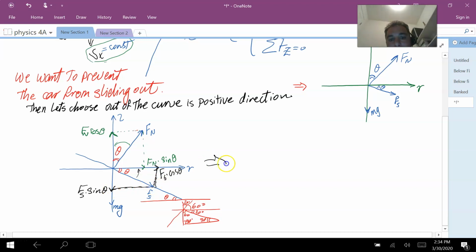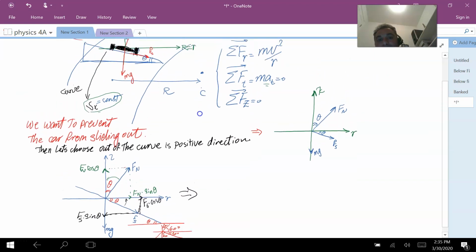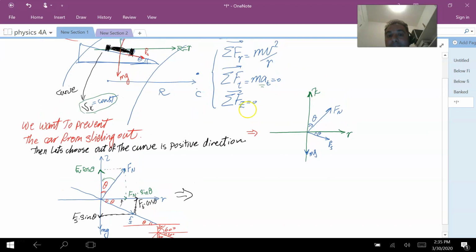Therefore, pay attention, this is the most important section. I am going to apply these three things. How many forces do I have on the radial axis? Oh, I see this green one and black one. Are they positive? Yes. Why? Because anything toward the center is positive.